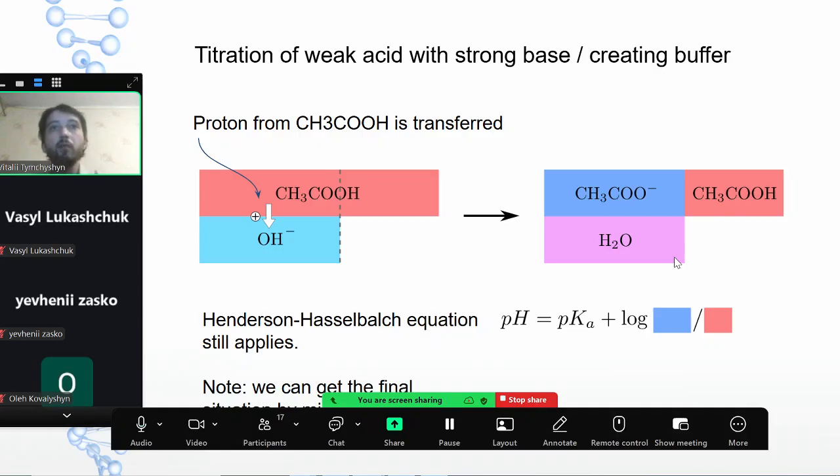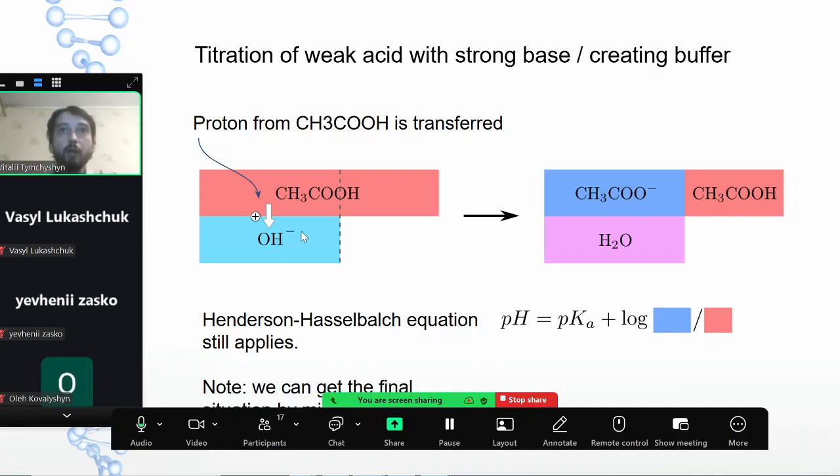Okay, the example of titration. So here is a titration of a weak acid with a strong base. Here we have acetic acid, and I use some strong base, which basically creates OH minuses. The base fully dissociates, and I know the concentration of OH minuses because I know how much base I add, and I know that it is strong.